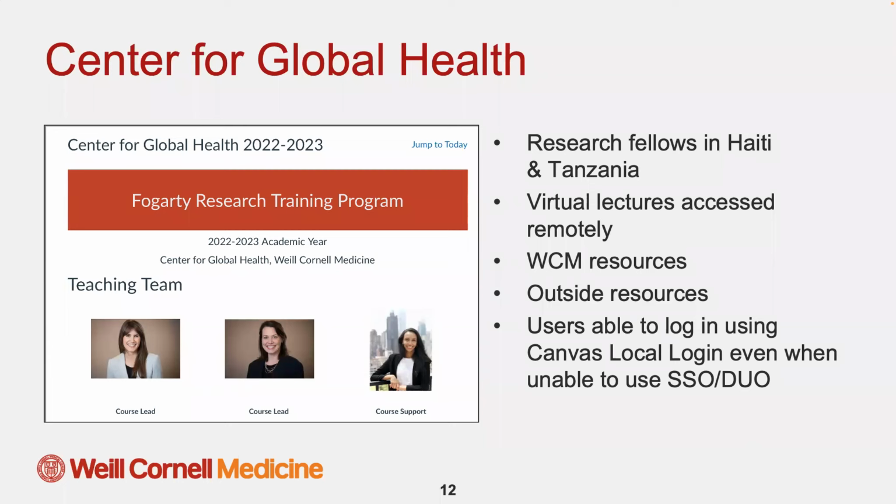So we've got a way that they can just use a Canvas local login, and it's not as restrictive to them. Also, the virtual lectures that are given here are one of the biggest parts of the course. So all the students, wherever they're located, are able to view the same content together and take the course together.